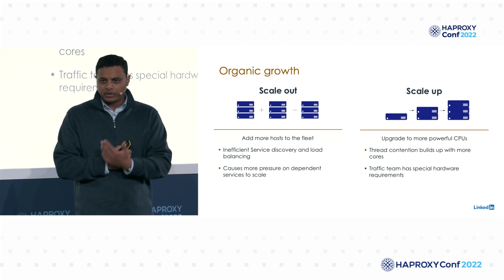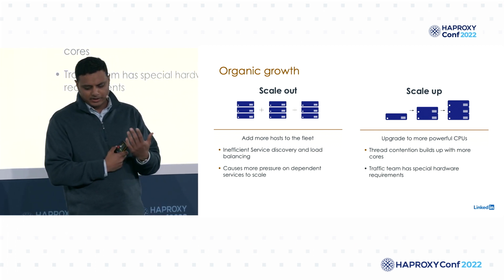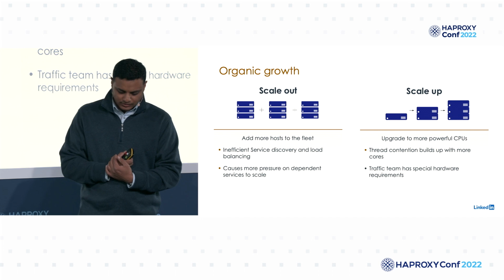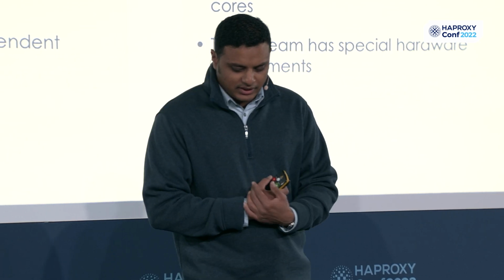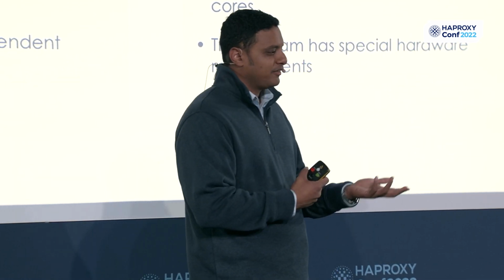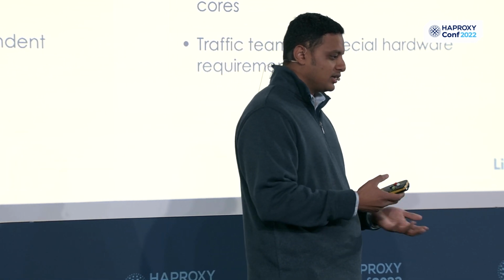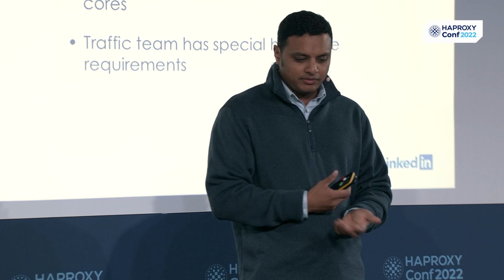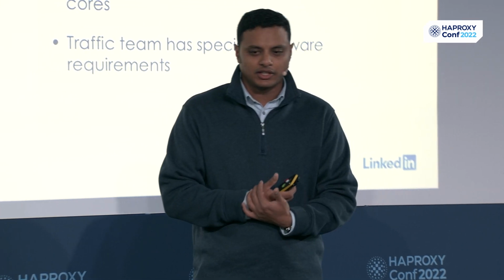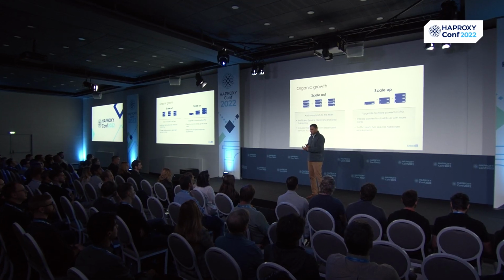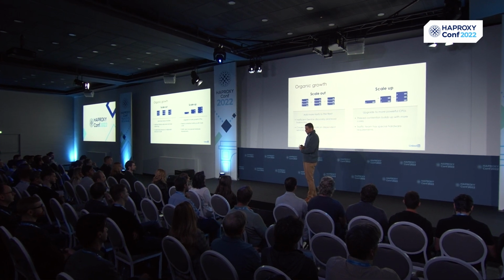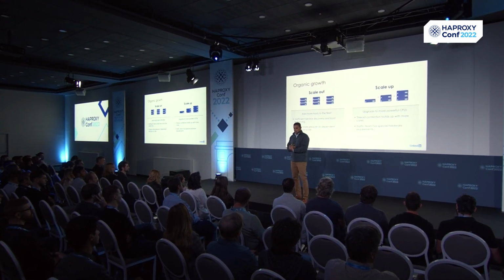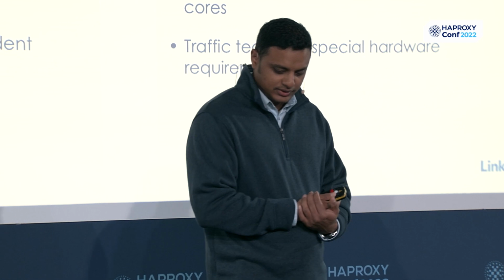We were only able to bring down our fleet size by, let's say, 12%. So as a result, basically, we cannot keep scaling our fleet horizontally indefinitely. We think that traffic infrastructure could become a bottleneck for growth in the future because of performance limitations of our current proxy.